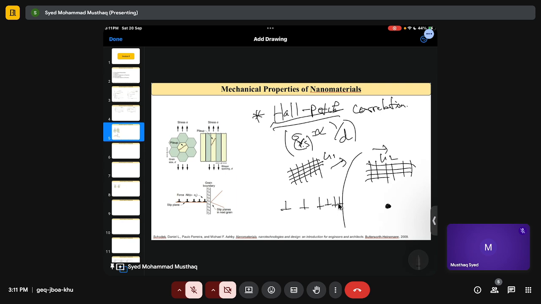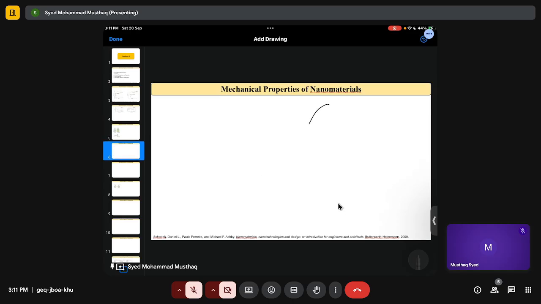Now, what is the stress? This is the applied stress, right? So I will write it separately. This is the applied stress that we are applying. Let's say this is my critical stress that I require, and whenever you apply a stress, it will resolve into components, right?